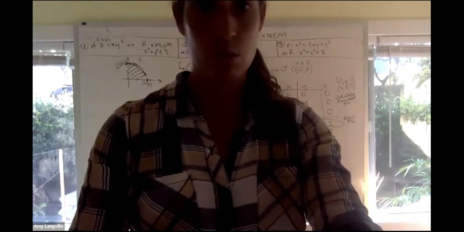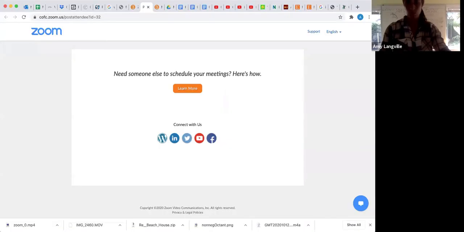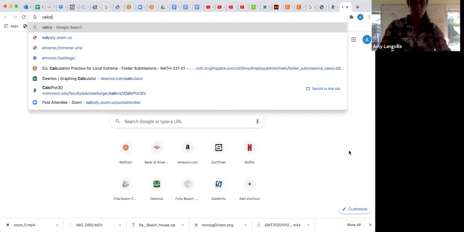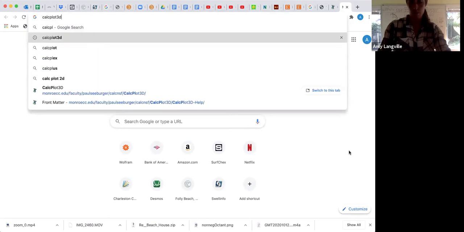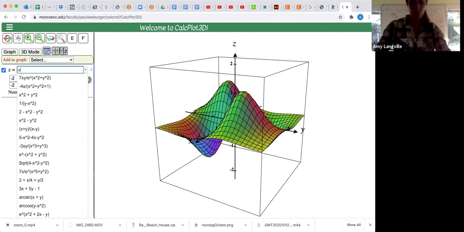So we'll do this with a good tool, the CalcPlot 3D tool. We're going to enter our surface first, which is xy squared.